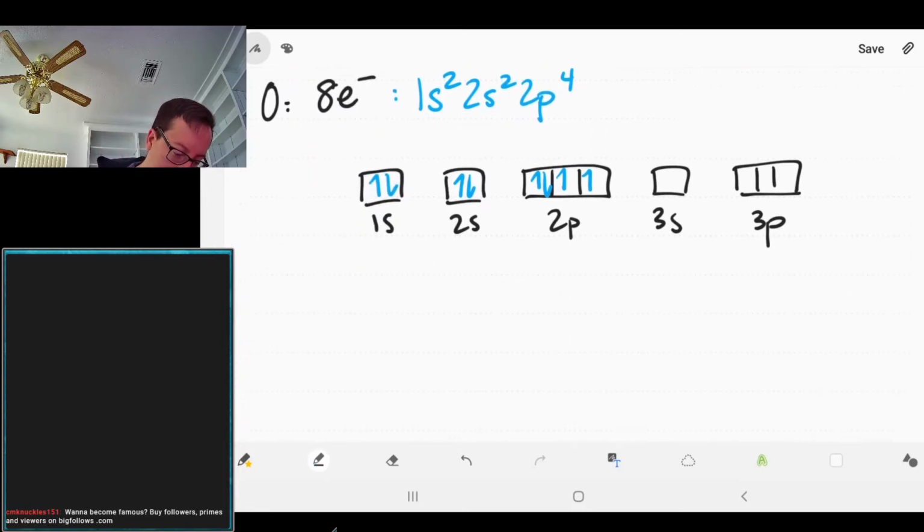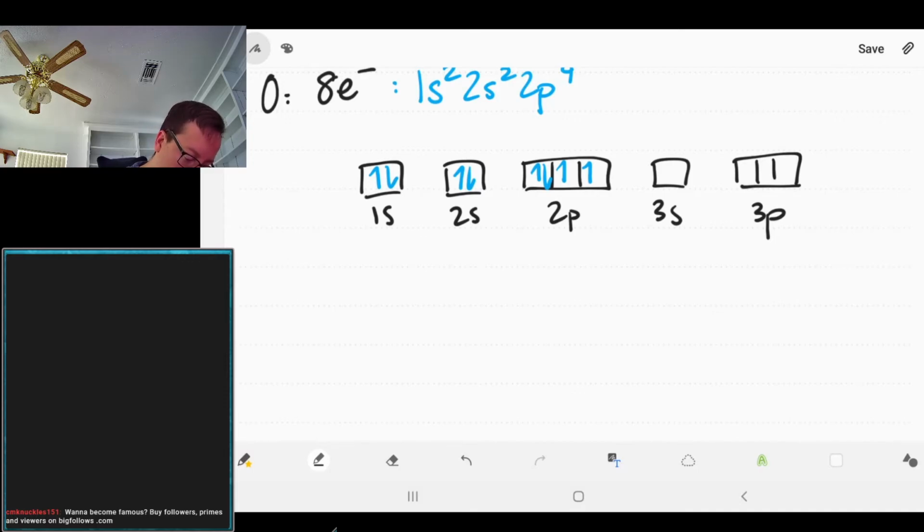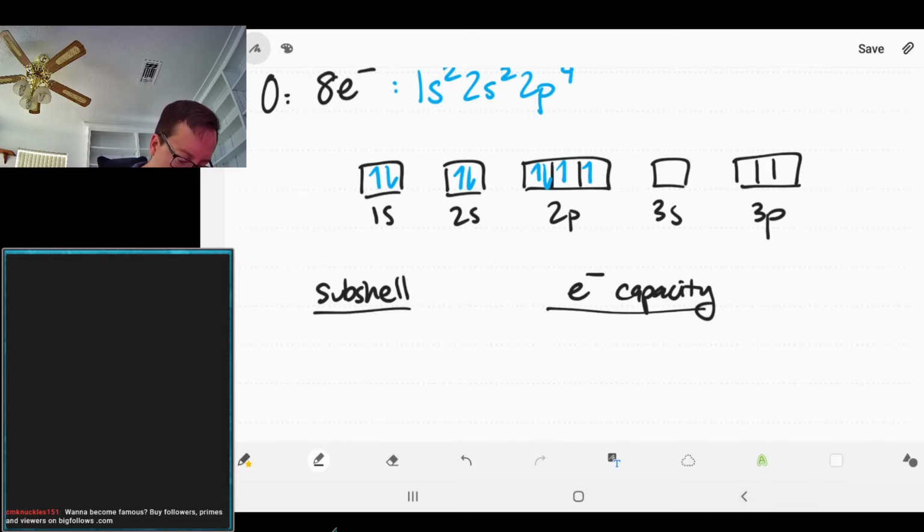Let's write this all out, by the way. We're going to see that an s subshell, any of these s orbitals, 1s, 2s, 3s, whatever shell it happens to be part of, can hold 2 electrons.